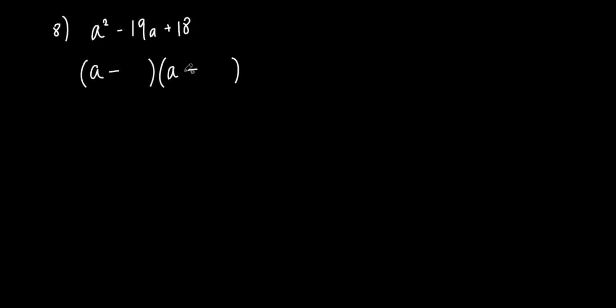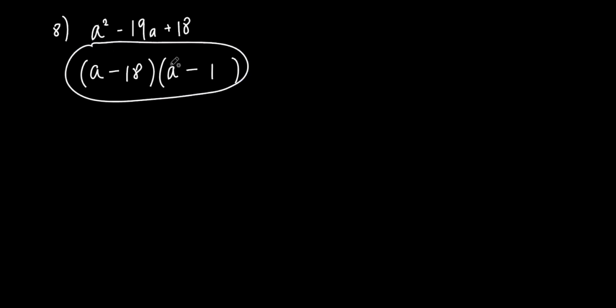Well, you've got 18 times 1, 9 times 2, 6 times 3, but how are you going to get a 19 out of that if you use 18 and 1? It's not really guessing, is it? You're just going through multiples of 18 and seeing which ones add up to be negative 19. All right, and that's it. There's really no work to show. Just do it like that. We good?